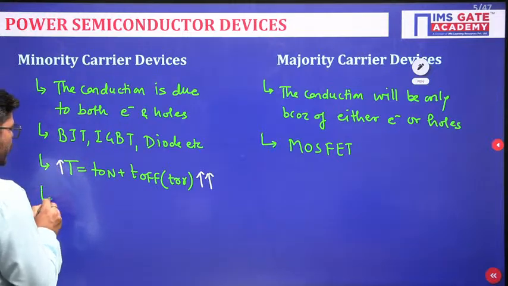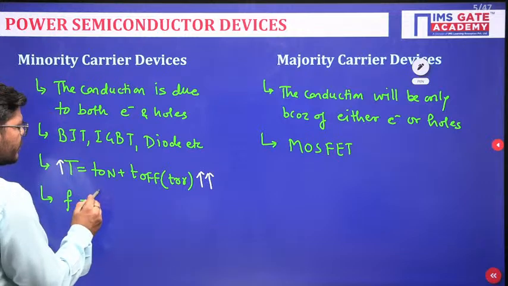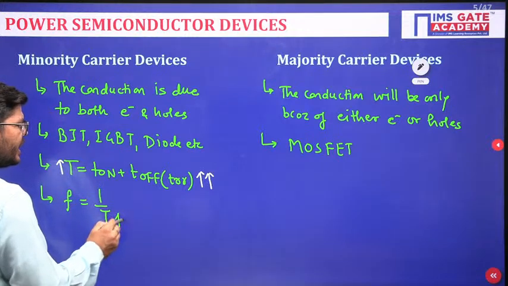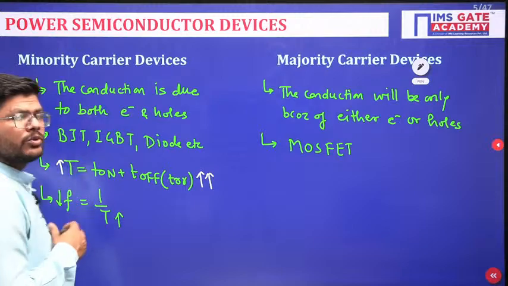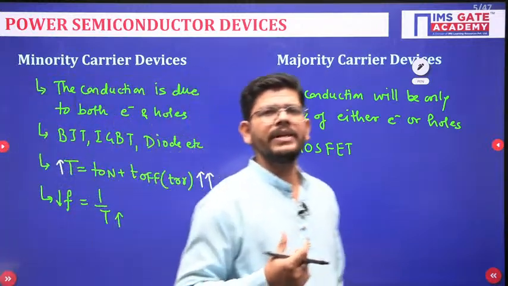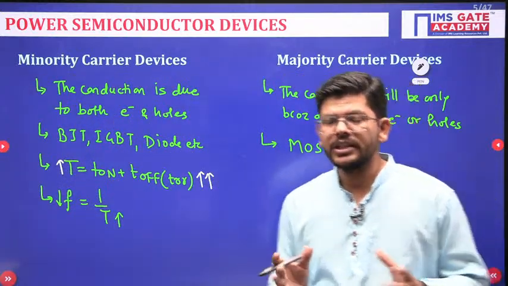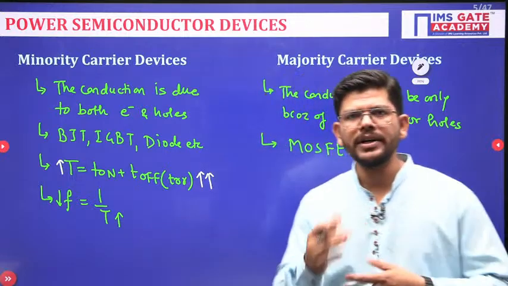So what about the switching frequency, which is 1 by T? If T is more, F will be less. So minority carrier devices will have less switching frequency. They will take more time in their on and off transition.